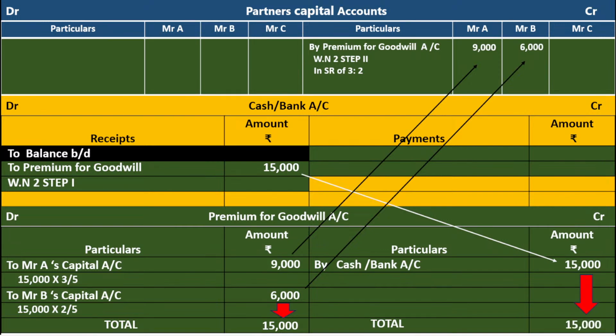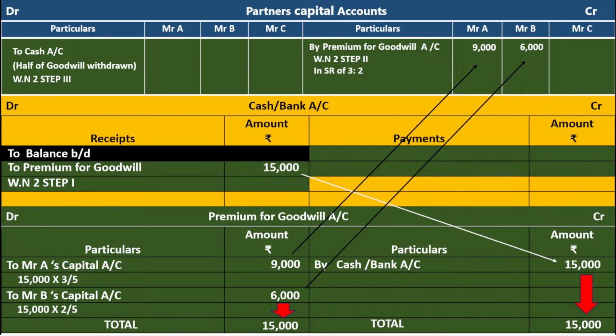It is closed. Okay. When the old sacrificing partners withdraw the amount, the entry is Mr. A's capital account debit, Mr. B's capital account debit to cash or bank account. Half of the goodwill amount is withdrawn. This 9,000 half amount, this 6,000 half amount.